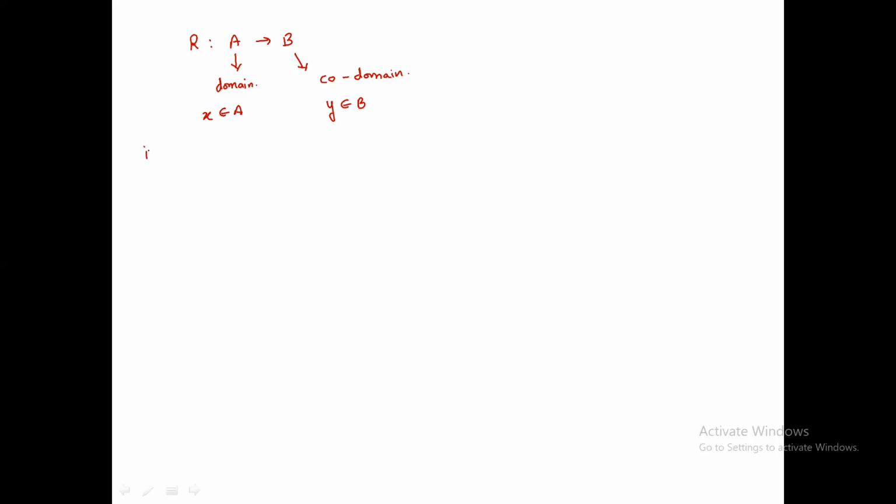So the first rule is all x's from A must have a y in B. That is the first rule. What is the second rule?